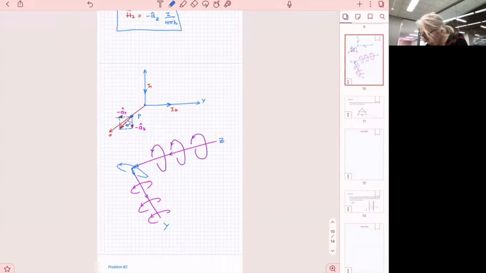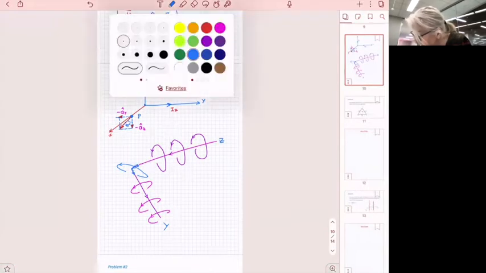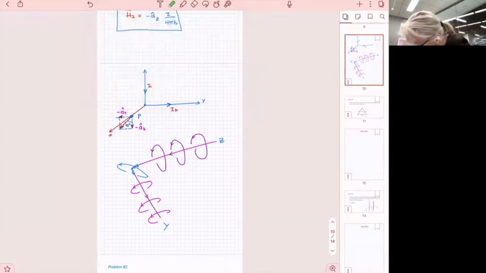Now think that along that direction, your X direction there is going to come out of the board and it's going to be looking towards you.